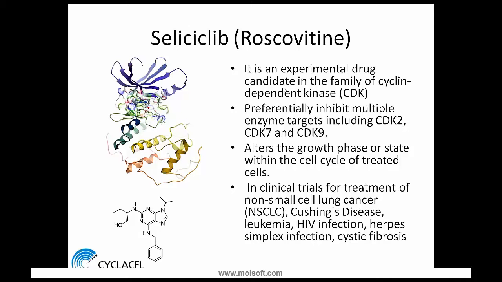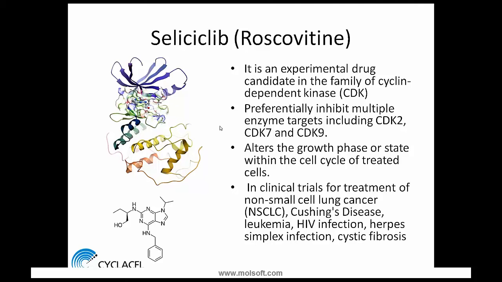It's an experimental drug developed by a British company in Scotland, and I think they also have a company on the East Coast in the USA. It preferentially inhibits multiple enzyme targets, including CDK2, 7, and 9. It alters the growth phase or state within the cell cycle. And there is a nice crystal structure with this molecule bound to the ATP binding site of the kinase.